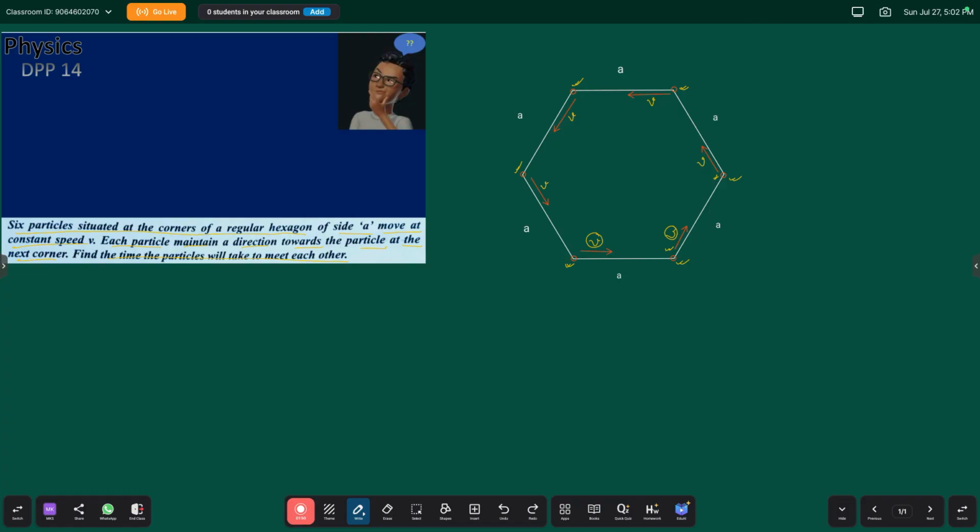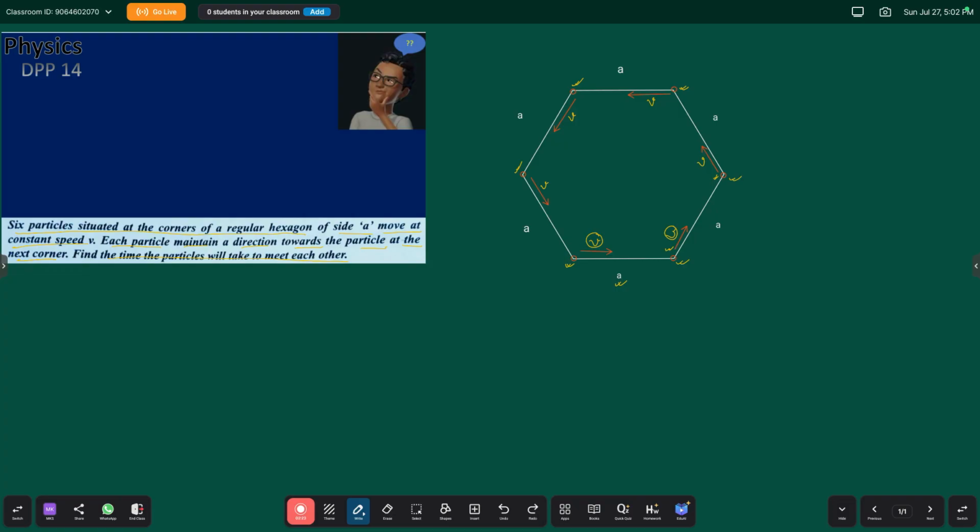Since the speed of each particle is v, if we get the velocity of approach between one particle and the next one, then with this velocity of approach, the particle requires to cover a distance a, and from there you can get the time. So this is the concept behind it.